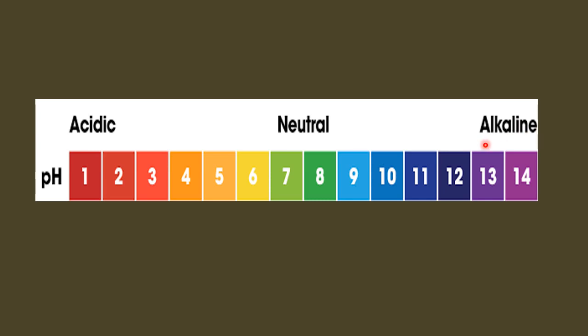Now, what does the word alkaline mean? Whenever bases are dissolved in water, it means it's alkali. So here this range represents all the substances which are acidic or basic in nature, and their range is from 1 to 14.